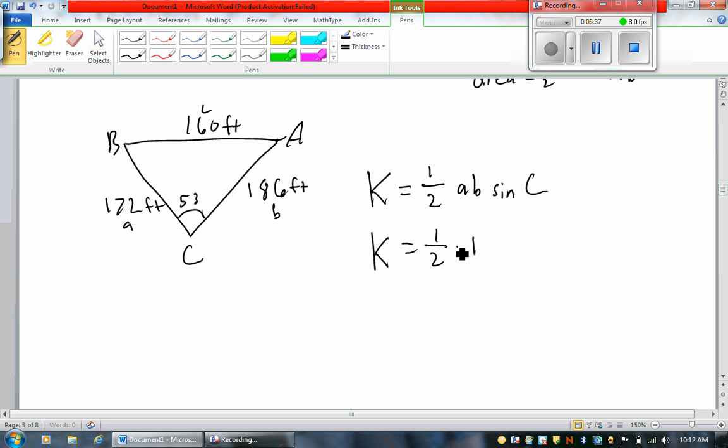Our side a is going to be 172, our side b is 186, and our angle C is going to be 53 degrees. Plug it into your calculator, and K equals 12,775 square feet. Remember, area is in square feet.